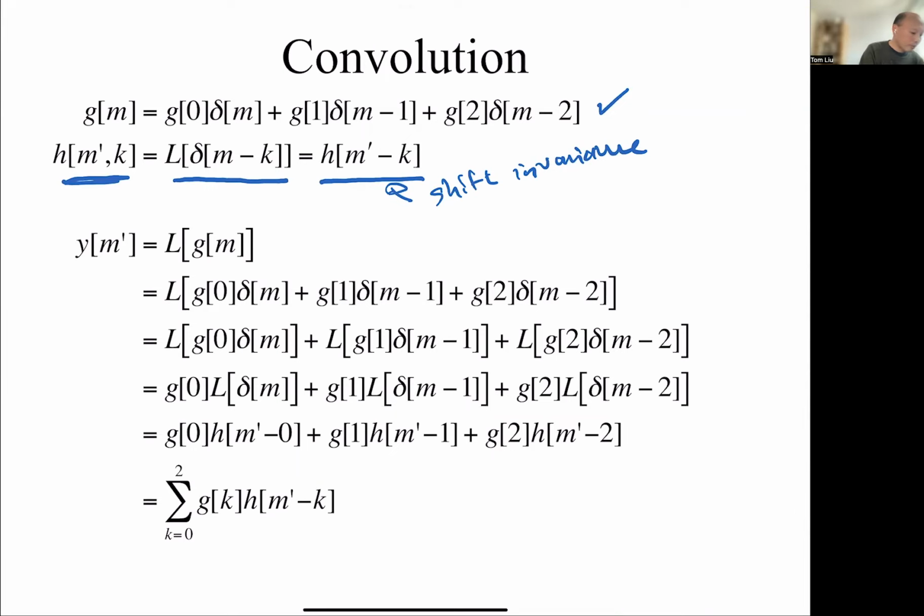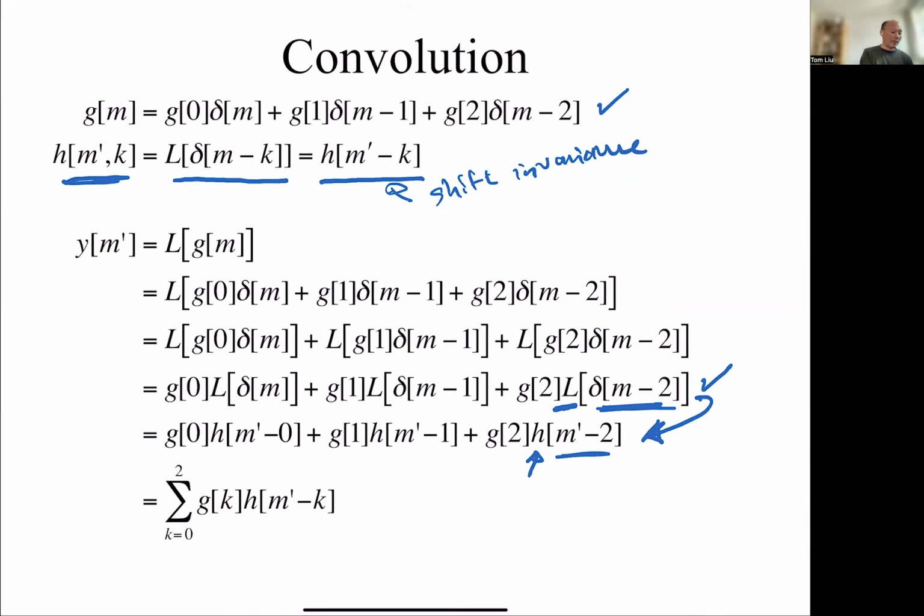So everything in this derivation is the same up to here. We've done this all the way here, and now going from this line to this line, we can say that the response L to my shifted Dirac delta is just my impulse response shifted by that same amount.